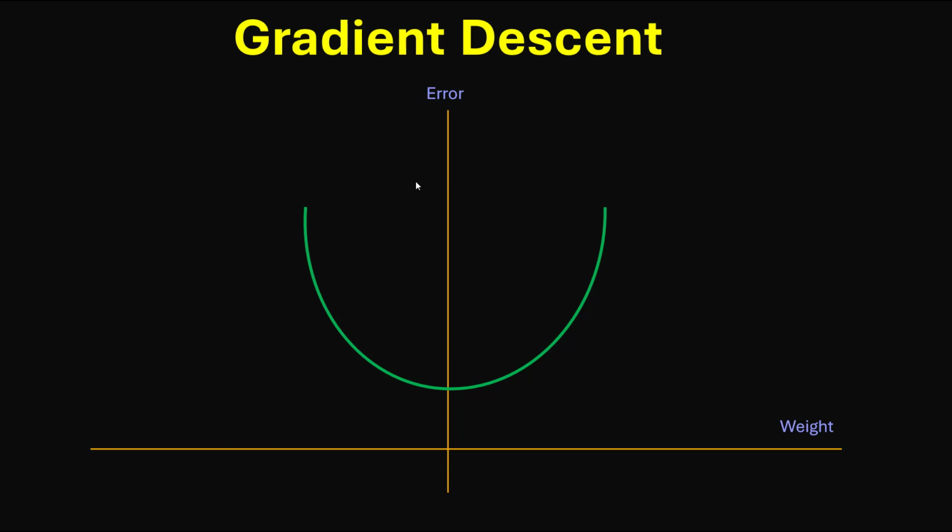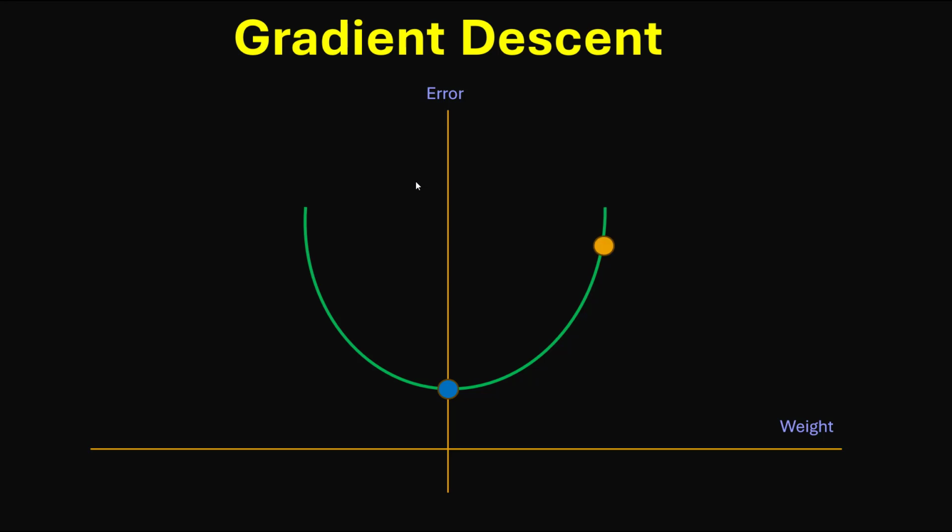The bell-shaped or U-shaped curve is sometimes called the error surface. Our goal is to reach the lowest point of this curve where the error is minimum. This point at the bottom represents zero or minimum error, the ideal weight where the network has learned perfectly. It is like a bullseye that we are trying to hit.